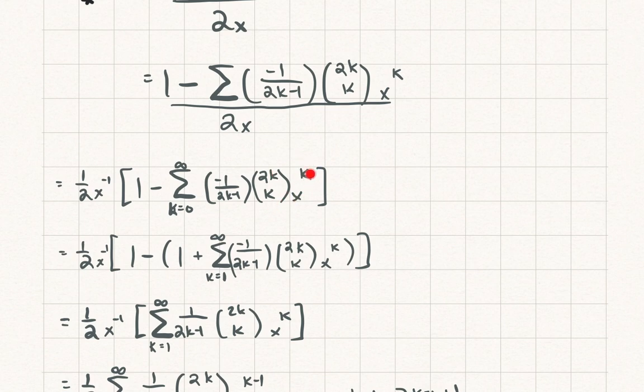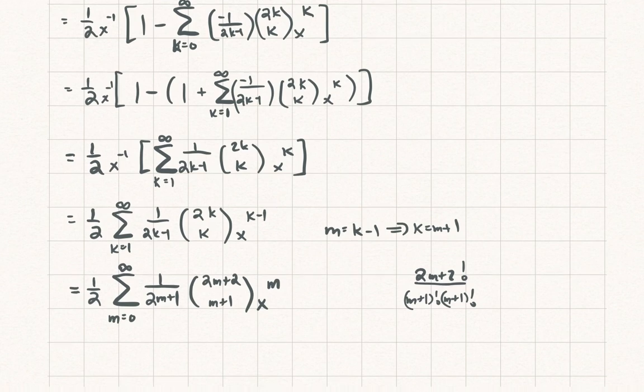And then x to the 0, that's 1. So when k equals 0, this expression is 1. So I'm going to peel off that, put it out here to cancel off with this one. And then I just have the index now going from k equals 1 to infinity of this guy. The 1 and the minus 1s cancel, so I'm just left with this expression here. Good times. Let's keep going.